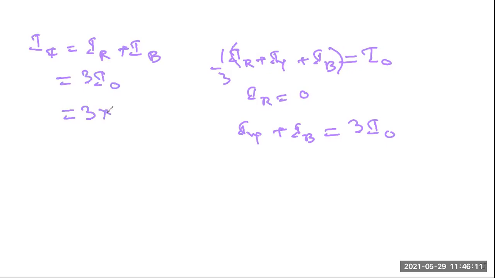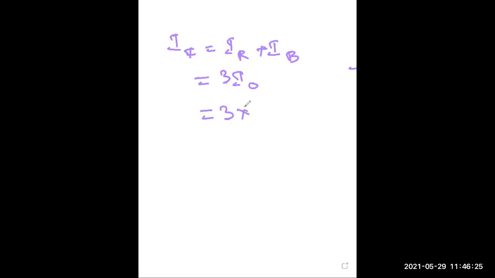Now this will be 3 into I0. What is I0? You have calculated yesterday. That is minus I1 into Z, that is X2 by X0 plus X2. Yes or no? So that we have calculated yesterday, the value of I0.